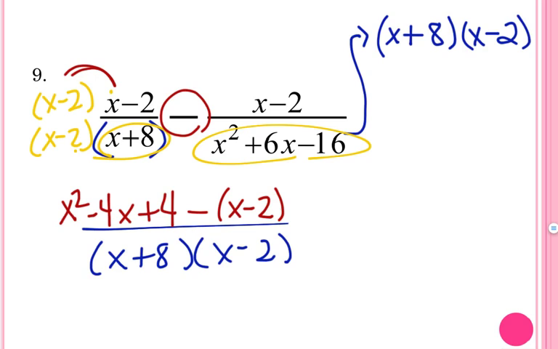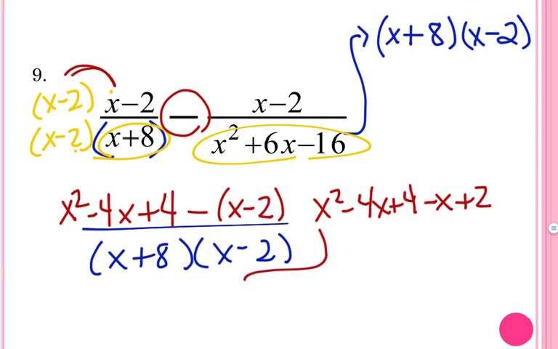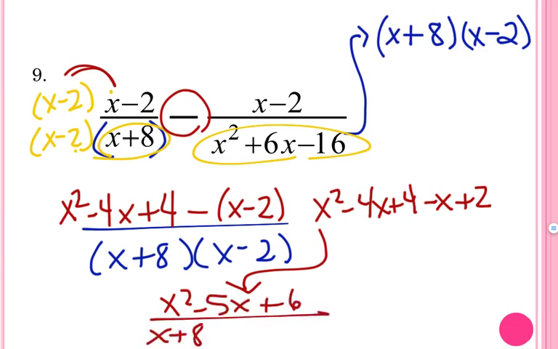So it's actually minus x minus 2. So x squared minus 4x plus 4 minus x plus 2, and so I'm going to need to simplify that. So that's going to be x squared minus 5x plus 6 over x plus 8 times x minus 2.